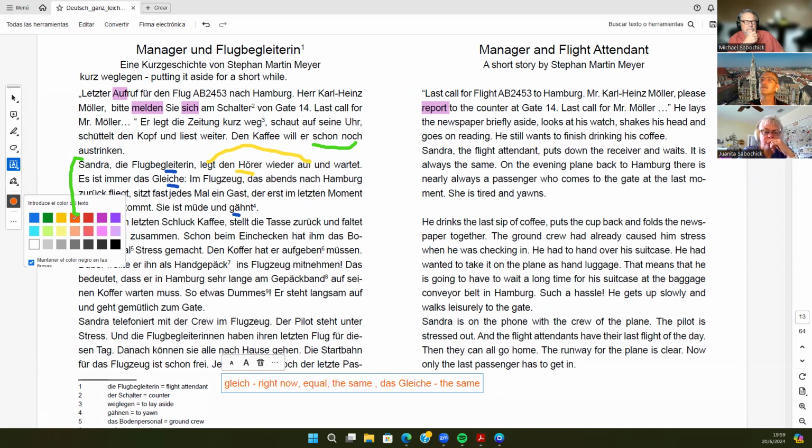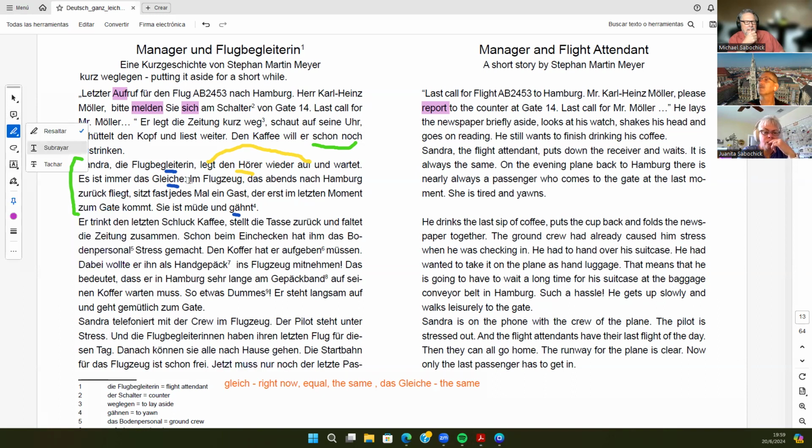Oops, what did I do? Oh, it's text color. It's not what I wanted to do. That's what I wanted to do. What does this tell you? The im. In the airplane, or on the airplane. The dative with the im gives me an indication of where. So in this case, inside the airplane or on the airplane.